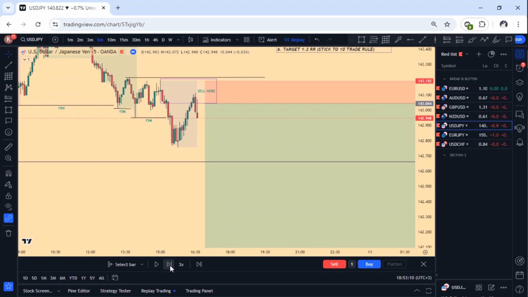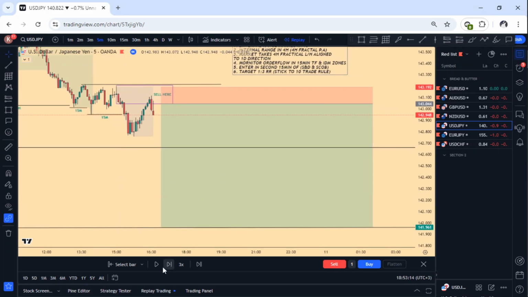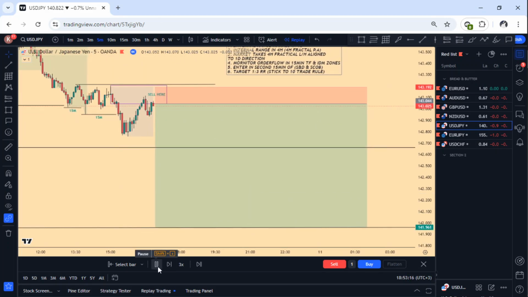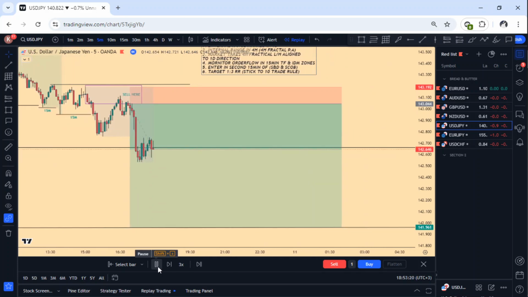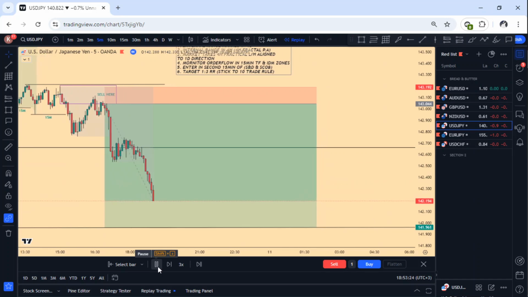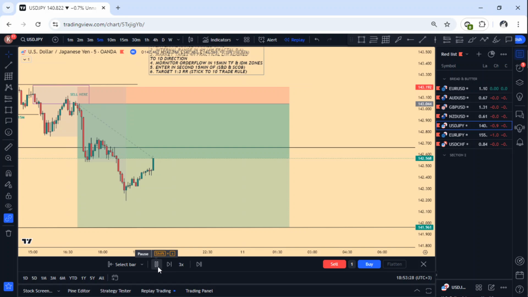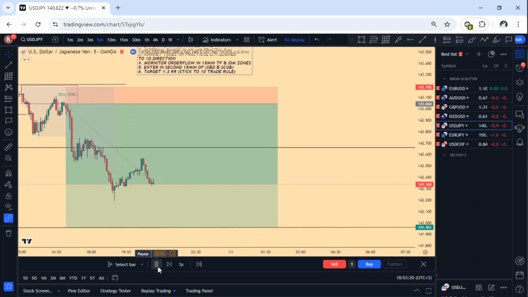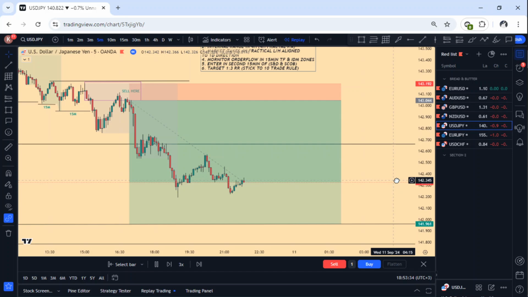So you can see it pulls back, and immediately it started tanking down, and then it finished up in the Asian session.